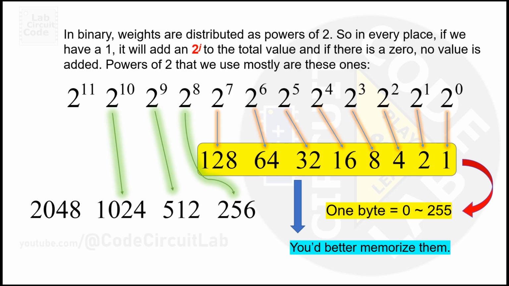And 2 to the 11th power is 2048. These numbers are also needed, but not as likely as the ones that we have in a byte. So it's good practice to try to memorize these numbers.